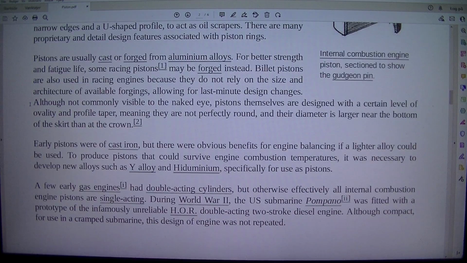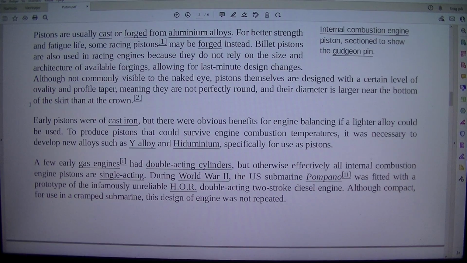Pistons are usually cast or forged from aluminium alloys. For better strength and fatigue life, some racing pistons may be forged instead. Billet pistons are also used in racing engines because they do not rely on the size and architecture of available forgings, allowing for last-minute design changes.